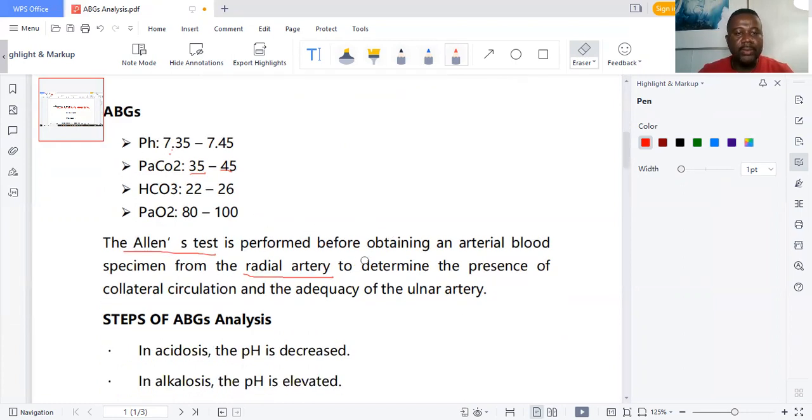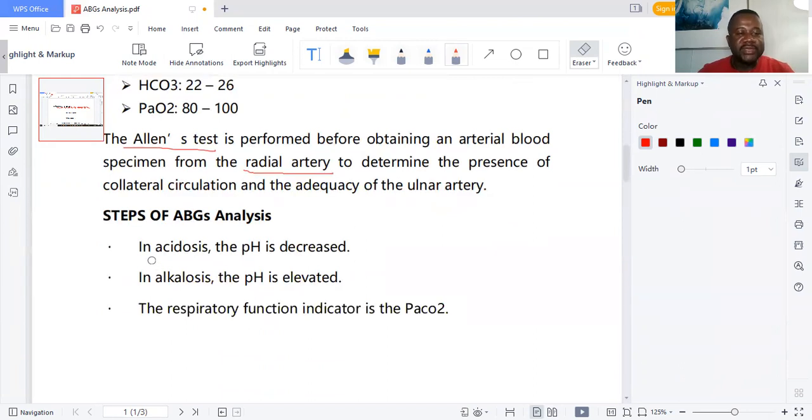That's what we need to know. And that's why we're saying that for it to be an acidic situation, an acidic condition, the pH is decreased. And for it to be an alkalosis, the pH is elevated or increased.